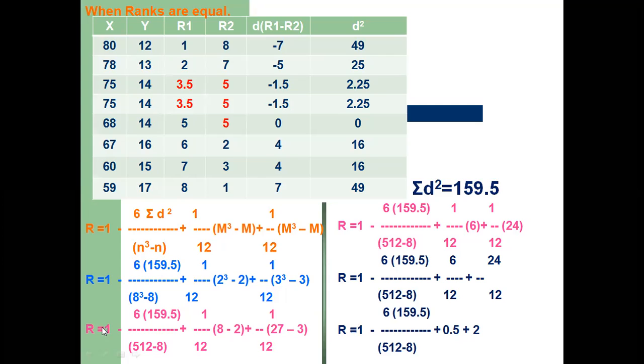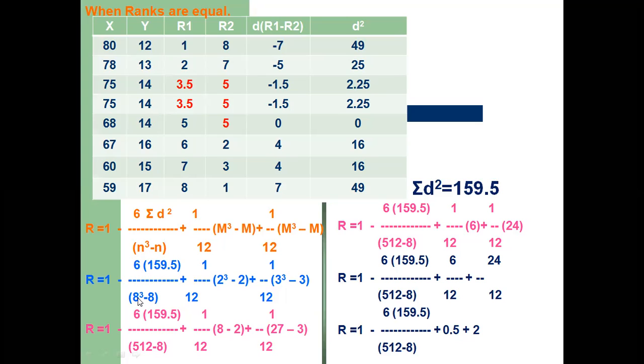Then r is equal to 1 minus 6 into 159.5, plus 1 by 12 into 2 cube minus 2, 2 into 2 into 2 is 8, plus 1 by 12 into 3 cube minus 3, 3 into 3 is 9, 9 into 3 is 27, divided by 8 cube minus 8.